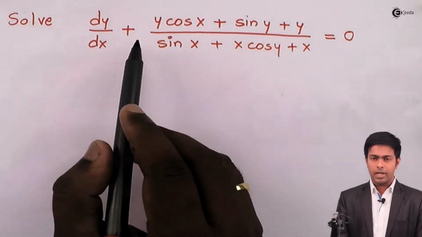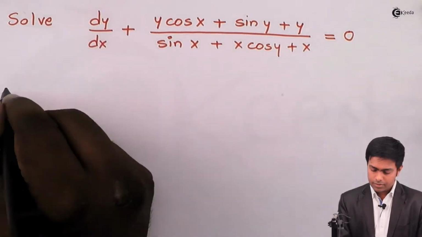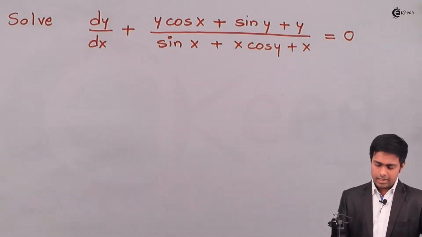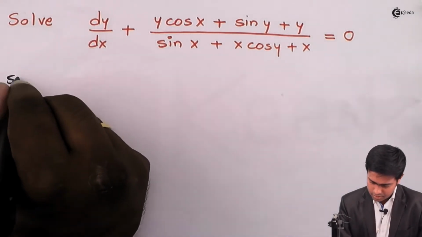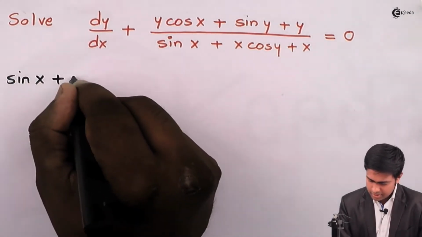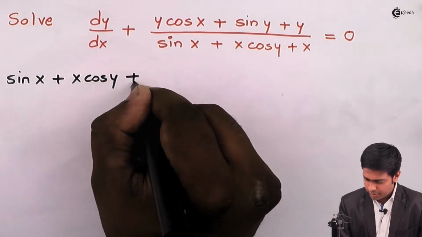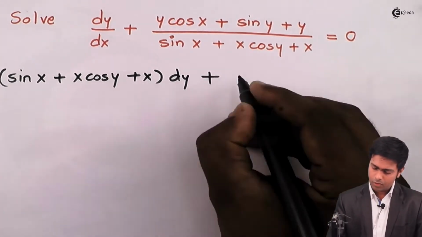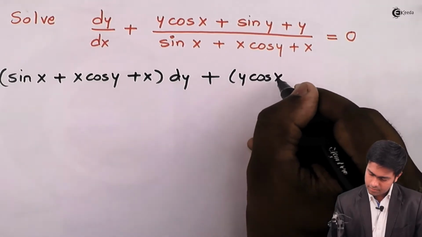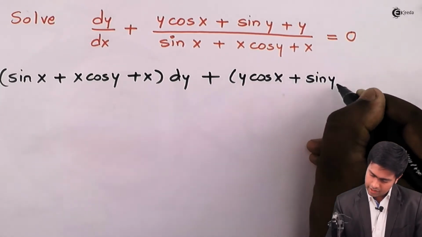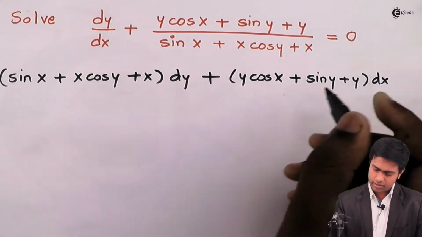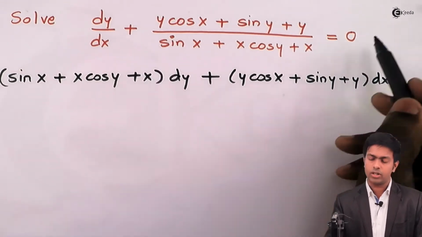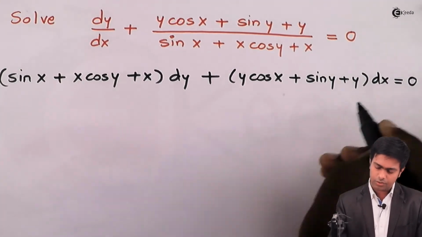Multiplying these terms, we get (sin x plus x cos y plus x) dy plus (y cos x plus sin y plus y) dx, and the other terms will go on the right hand side and we get 0.